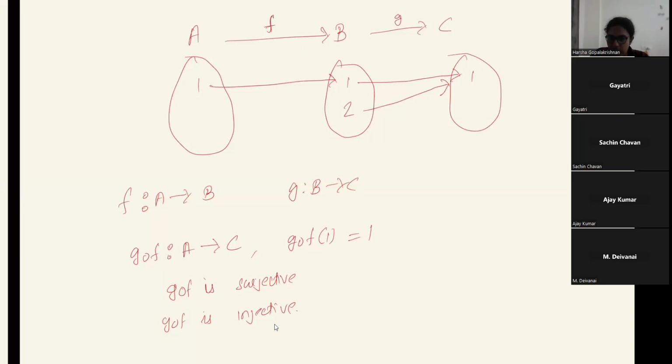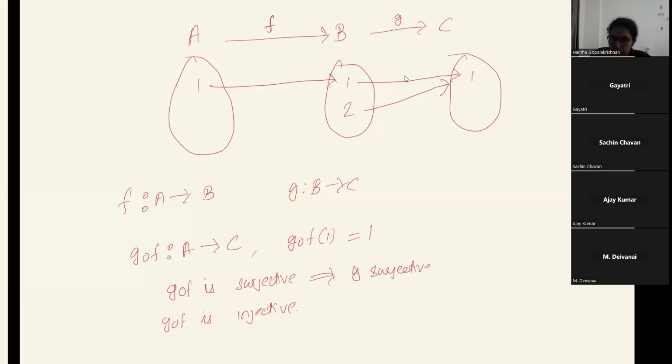So someone asked about that question. In the same way, here G composite F is surjective, G is surjective, but F is not. And what about here, where G composite F is an injective map?